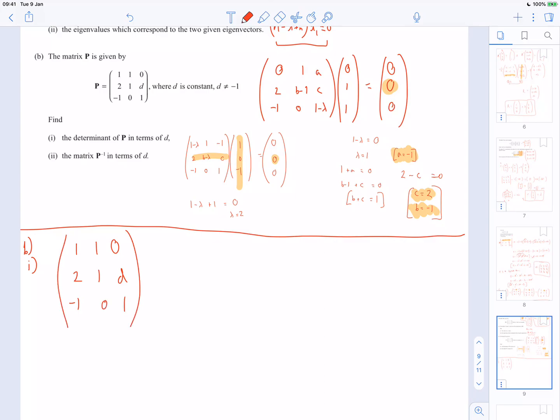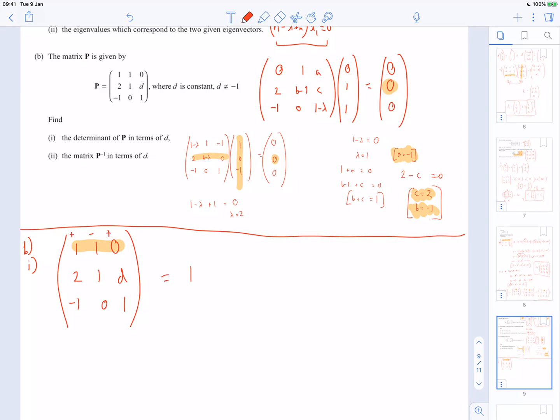Okay, what is the determinant of P? Well, I'm going to look for rows and columns that have zeros in them. So I'm probably going to go for that row just because. Remember, I've got the plus, minus, plus checkerboard.